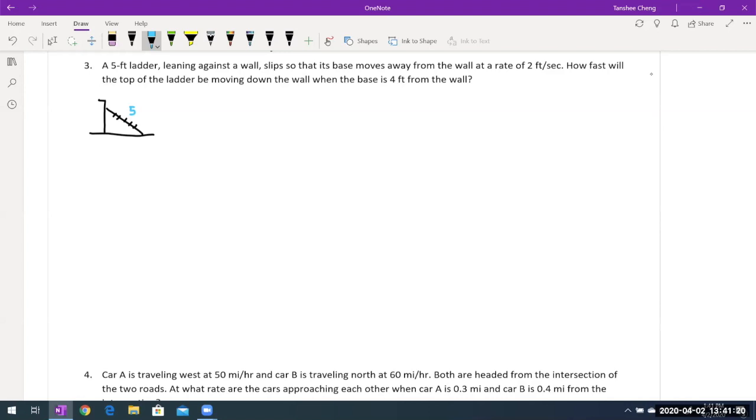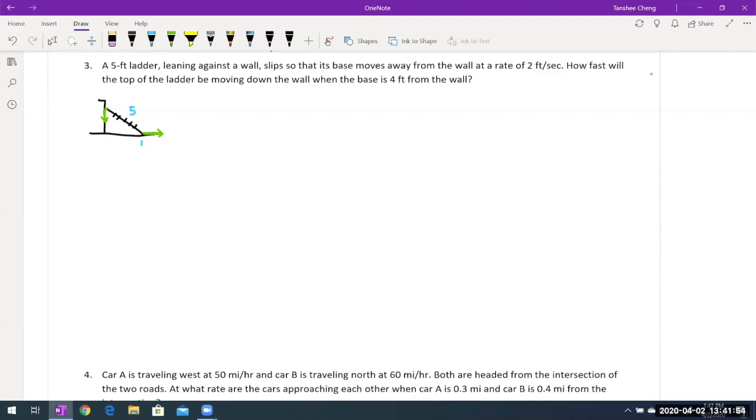And then when the ladder slips away from the wall, this is slipping in this direction, and therefore the top part is also slipping down. So that tells me this length right here is going to be changing.